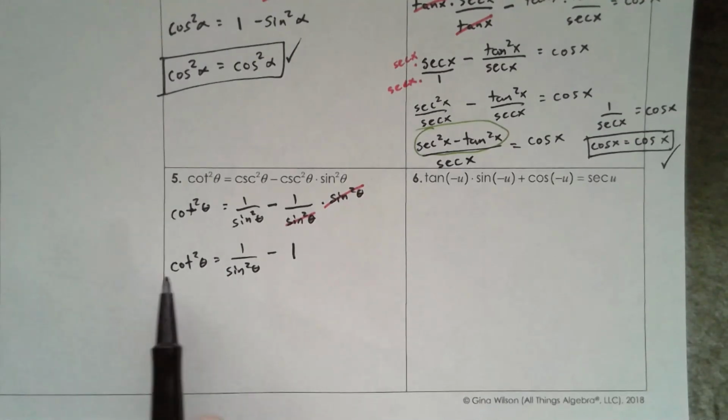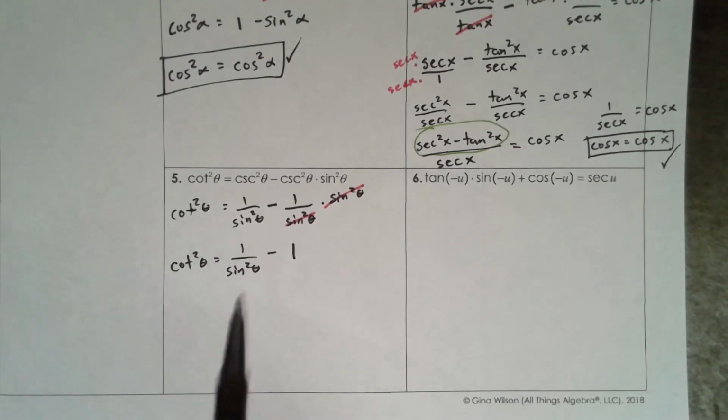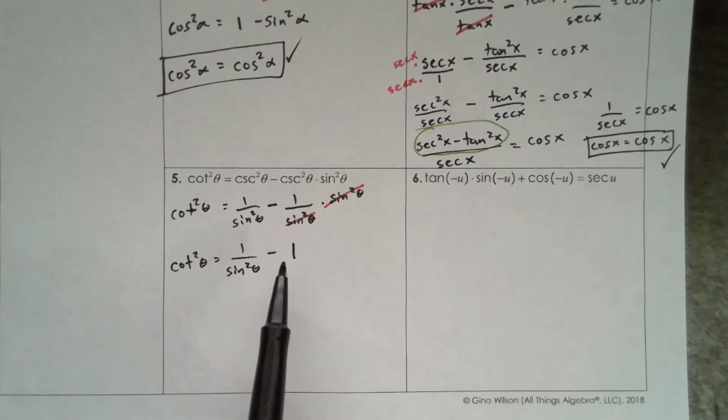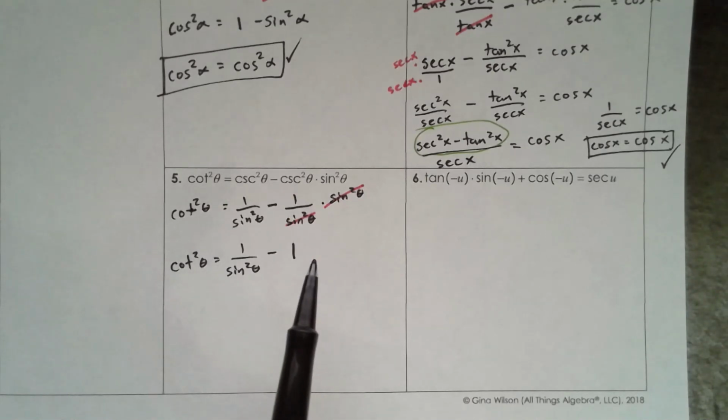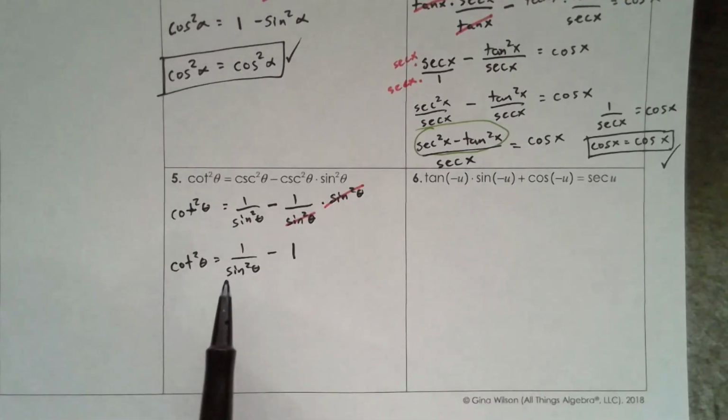Let's see. I'm thinking this is probably not going to get me very far. Yeah, let's combine these two then. I have this fraction minus a whole number. That's like having 1 over 1.